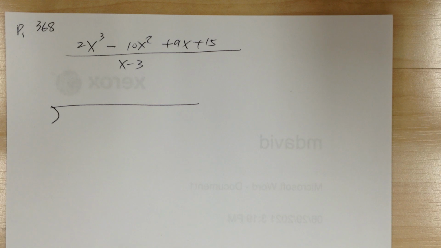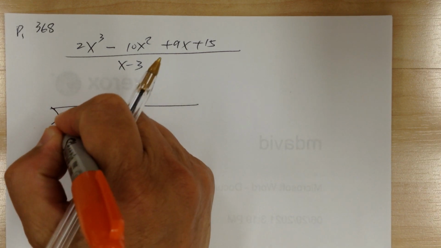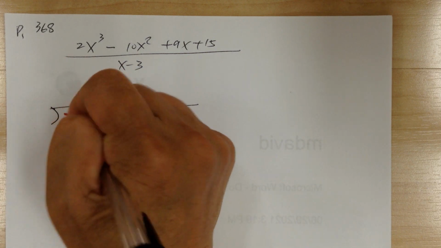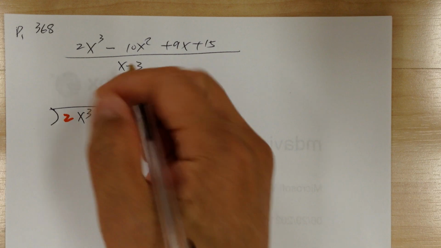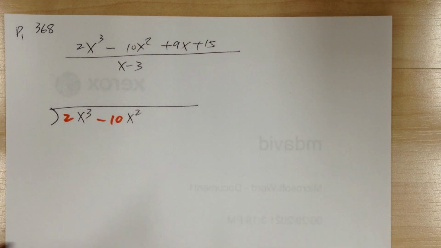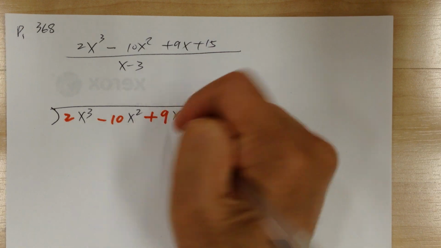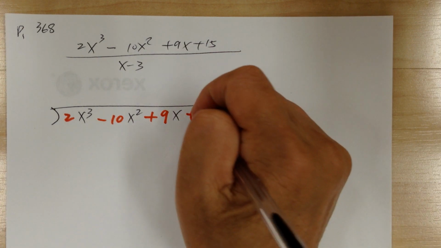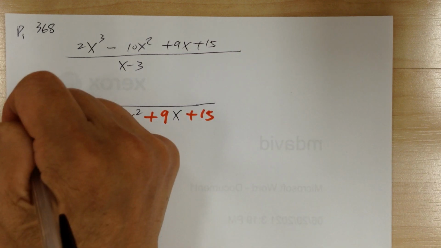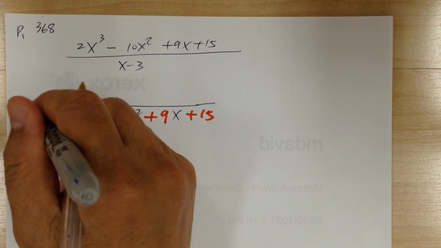Over here, I'm going to highlight the coefficients: 2x to the 3, minus 10x squared, plus 9x, plus 15. And over here, I'm going to divide by x minus, and I'm going to highlight this number, that's 3.